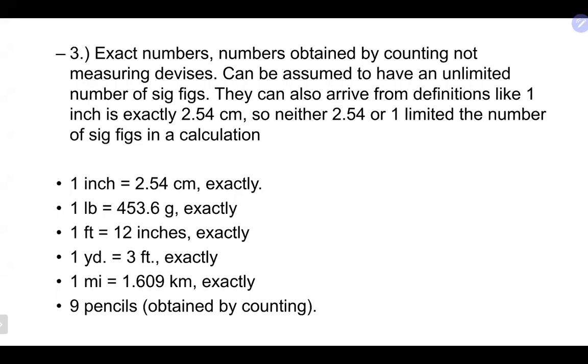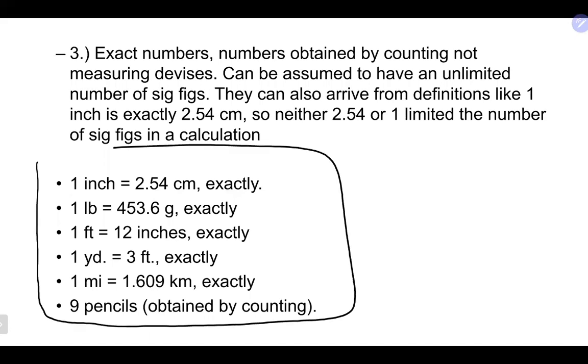These are all exact numbers. 1 inch is 2.54 centimeters, 1 pound is 453.6 grams. Hopefully, you know, a foot is 12 inches. And an equality, which each of these things are, right, are 2 different values on different unit scales, but they represent the same amount of something. So if I say that thing is a foot long, that's the same as saying it is 12 inches, right? It represents the same length, just in different units.